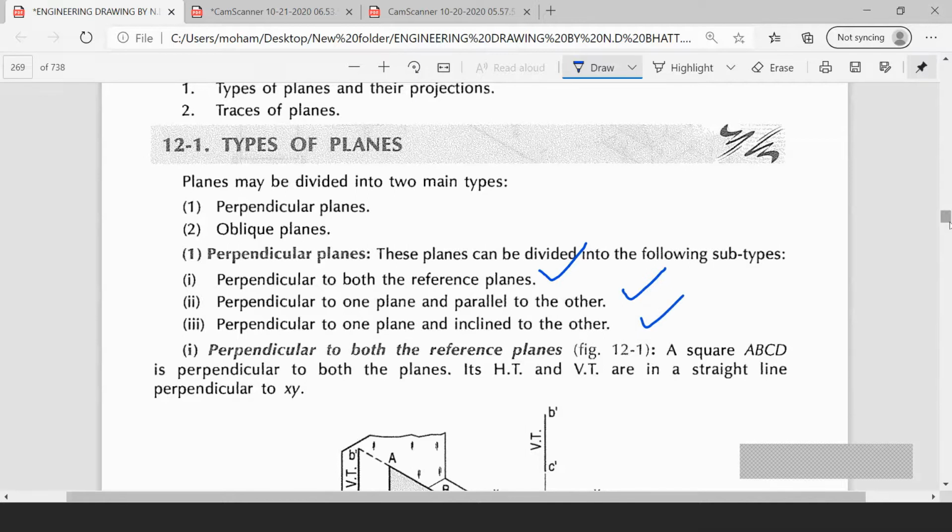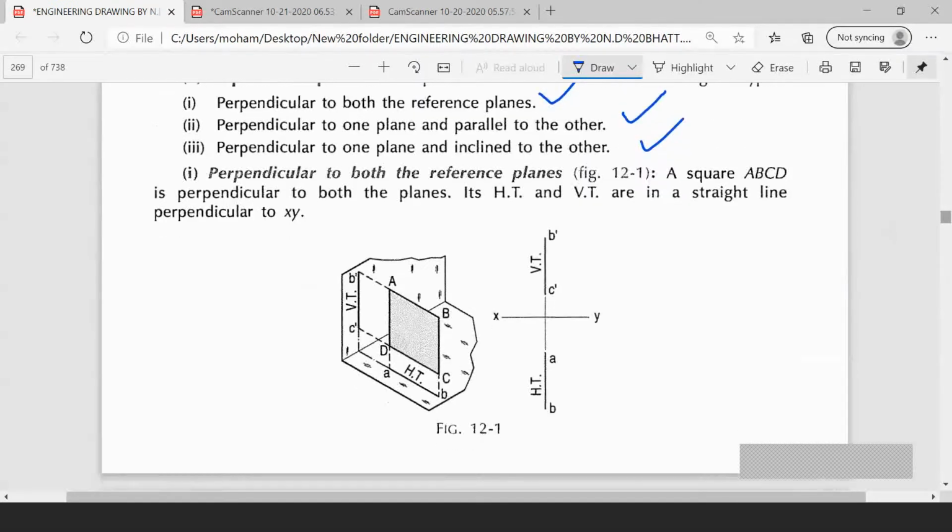These are the conditions in the planes. I will explain. Perpendicular to both the planes means the plane is perpendicular to both the planes.